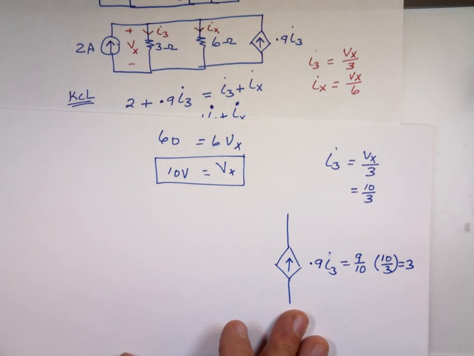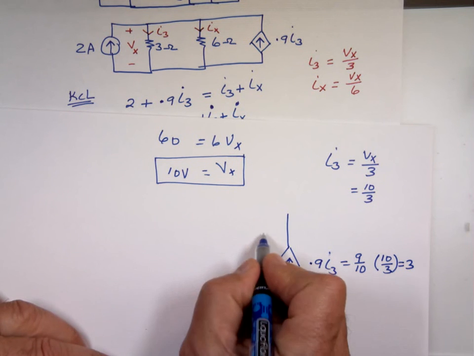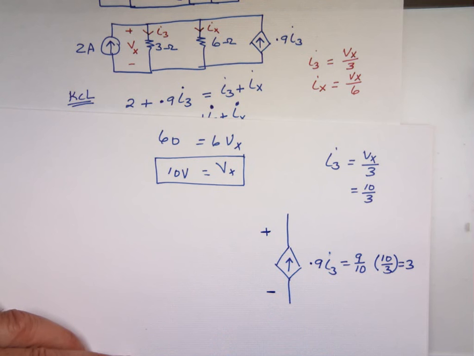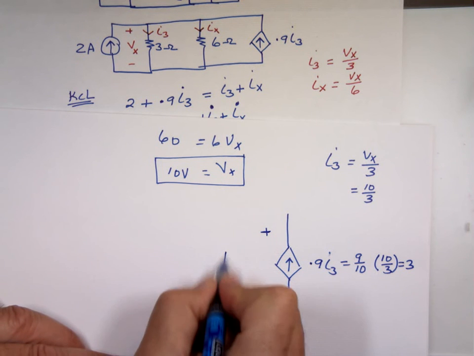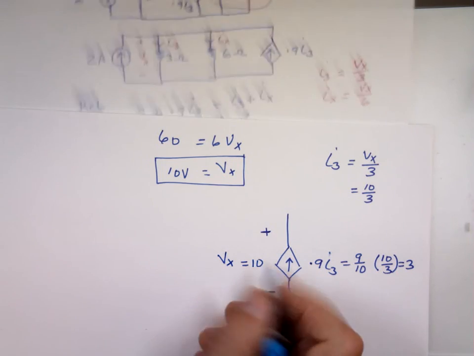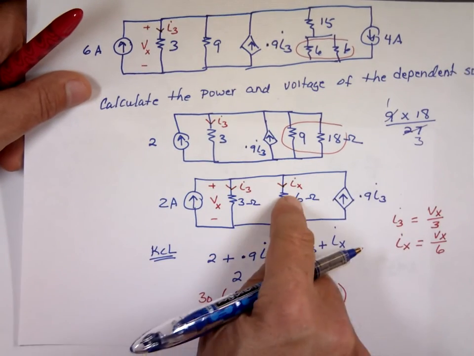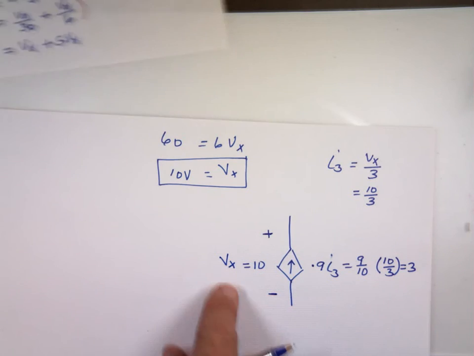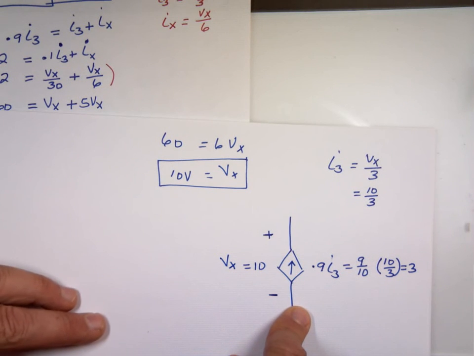And I also know the voltage here is what? Vx. Because they're all connected how? In parallel. The voltage here is the same as here, is the same as here, is the same as here. It's all Vx. So I know the voltage across the dependent source, and I know the current.